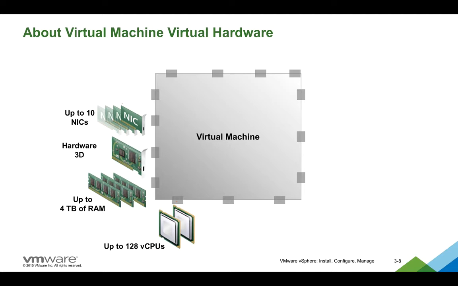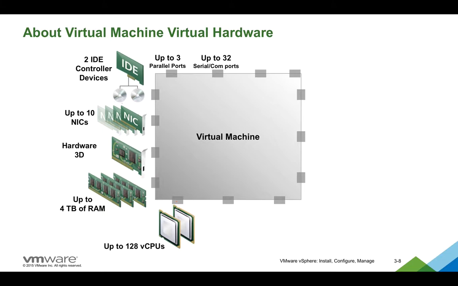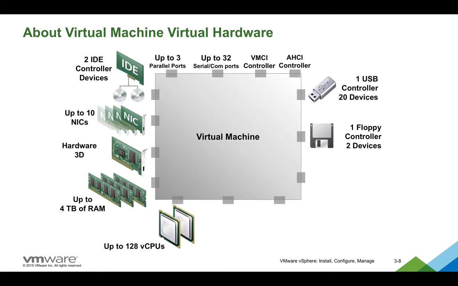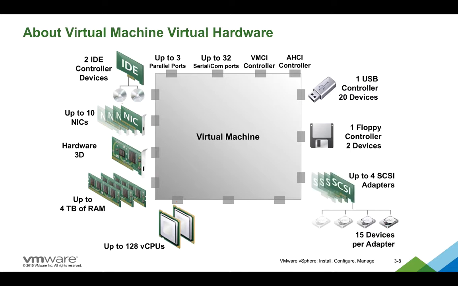Hardware acceleration, 3D hardware, up to 10 virtual NICs, 2 IDE controller devices, 3 parallel ports, 32 serial COM ports, a VMCI controller, an HCI controller, a USB controller for up to 20 devices, a floppy controller, you can control up to 2 devices with that.